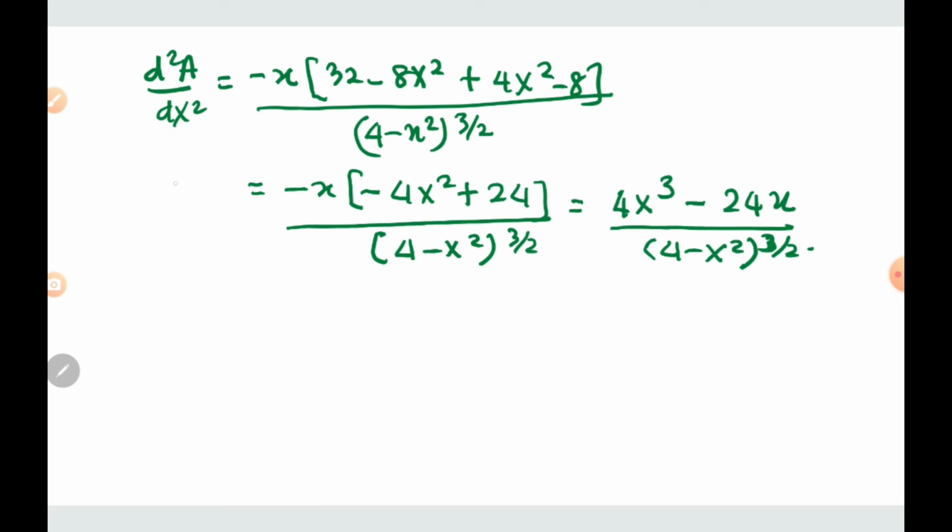Okay, so this is the second derivative of A with respect to x.